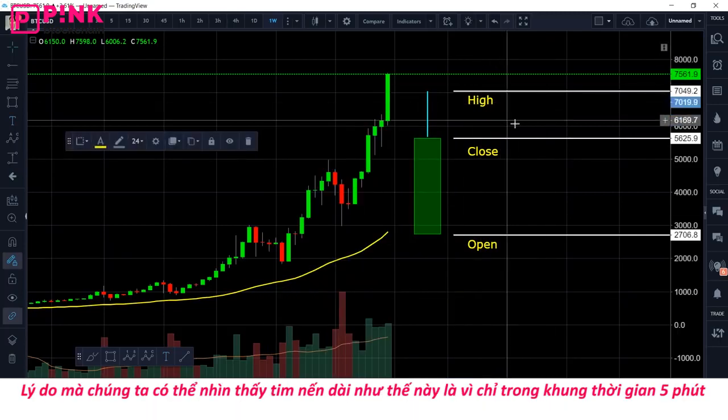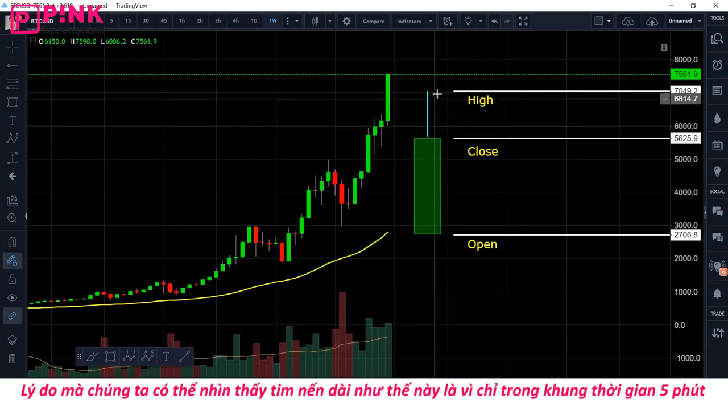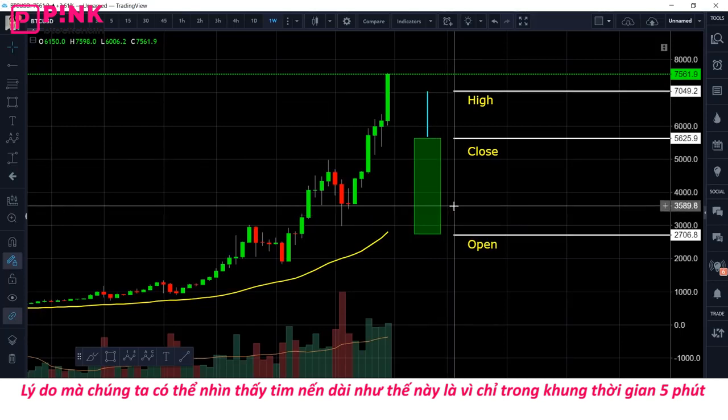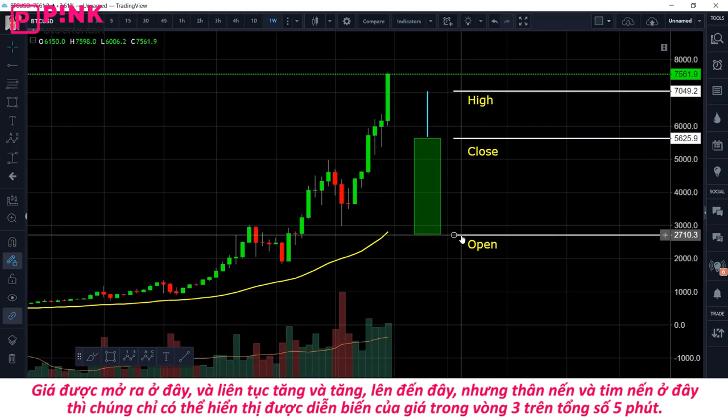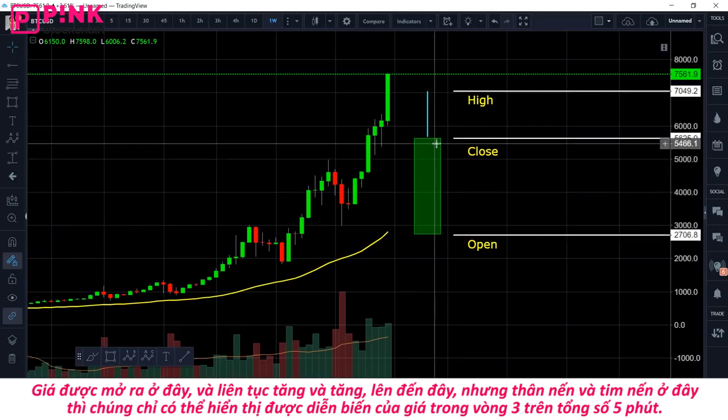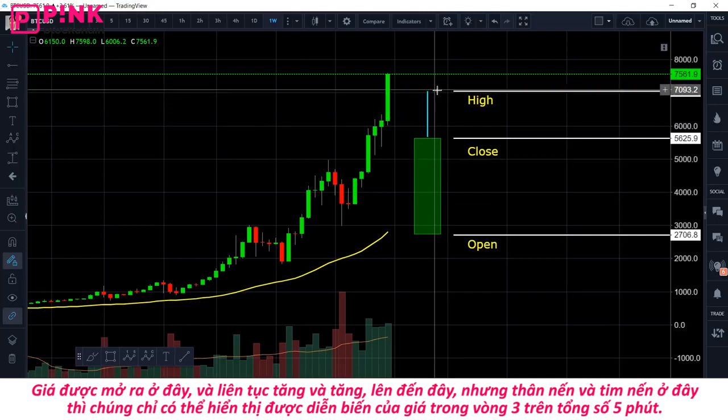But the reason why we see this gigantic wick here is because in the 5 minutes of the candle, we're just using 5 minutes as an example, it opened here, and then it bought all the way up and up and up to right here. But because there's only a wick showing and the body is right here, let's say it happened within 3 minutes of the 5 minutes of the candle.